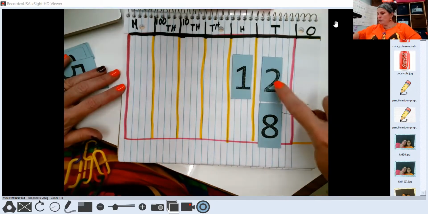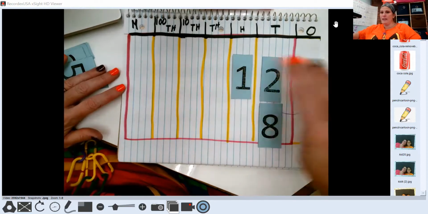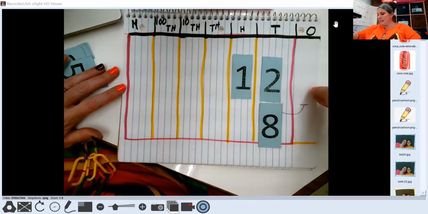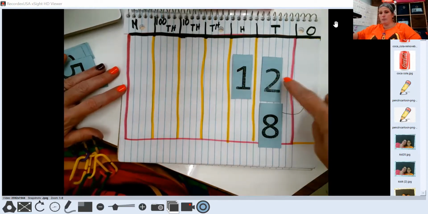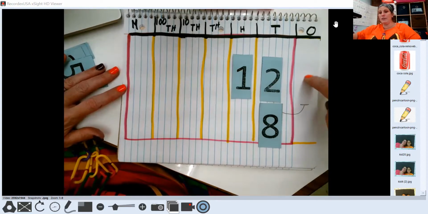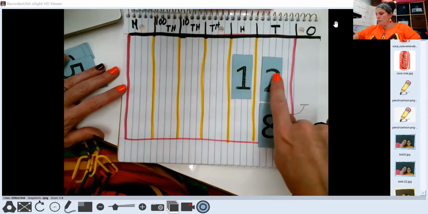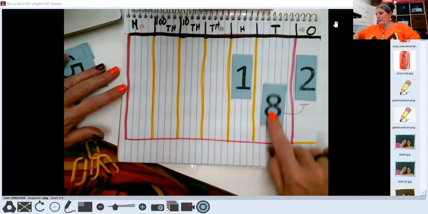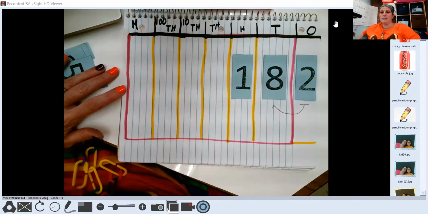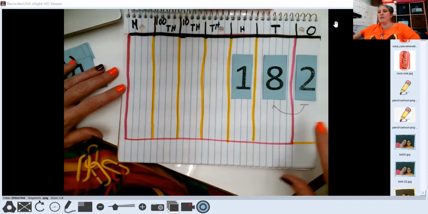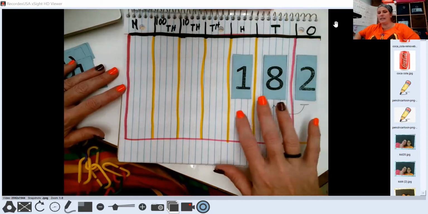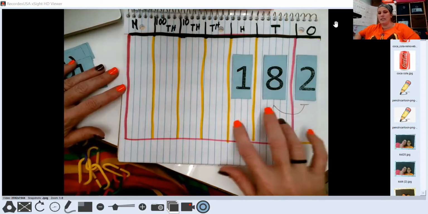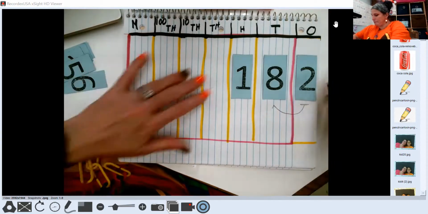So we have to move either to the left or to the right based on wherever the empty space is located. Since my empty space is to my right, we're going to move this digit over to the right so that the 8 can fit where it belongs. So the least number that I could create with the greatest digit being in the tens place is 182 using these 3 digits.